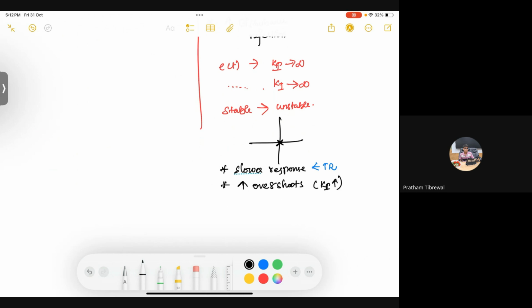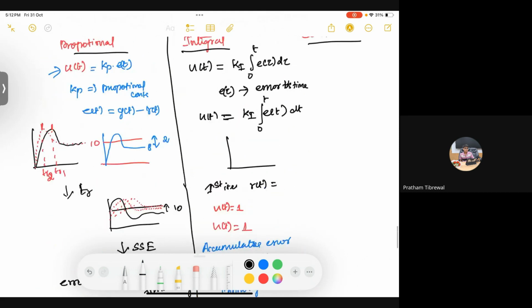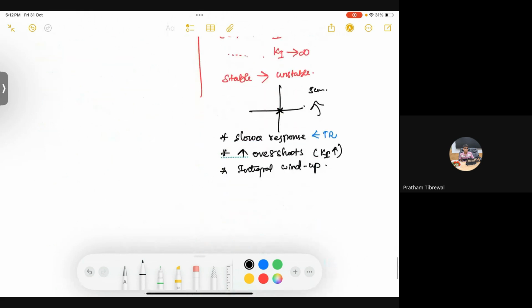In this case it may introduce overshoot into the system, and this scenario we explained here is called integral windup. The integral action keeps winding up, keeps increasing, and is not able to let it out. This is the problem with the integral controller. If you use only the P and I, or only the I, you may see this type of disadvantage.